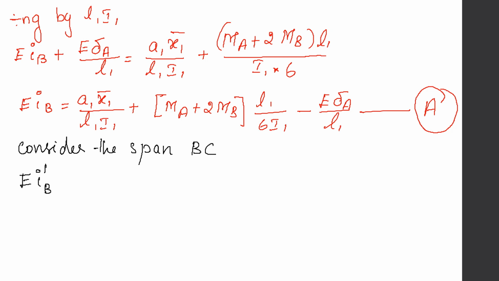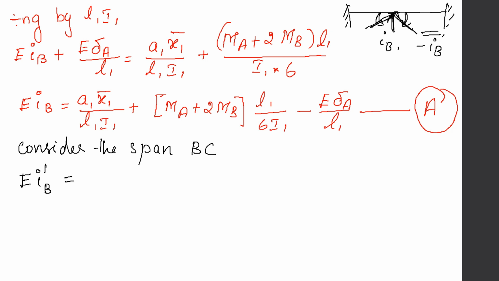When you are considering a continuous beam, the slope remains same at both sides of the intermediate support. That was our assumption, our consistency condition which we studied in the previous portion. But the direction of the slope is different. So for the span AB, if it is IB, for the span BC it will be minus IB. That is why it is given as IB dash.